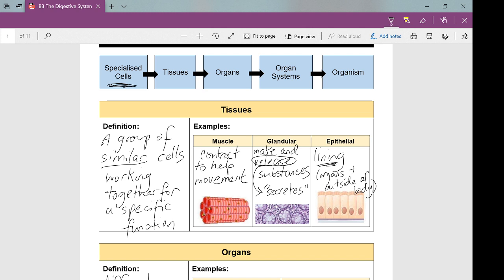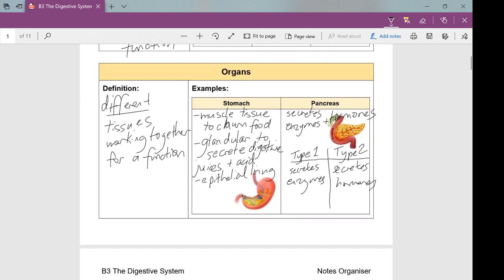So we have different types of cells. Then we just talked about how when different types of cells work together, you form tissue. And then when different tissues work together, you form organs. And then when different organs work together, you form what's known as an organ system.